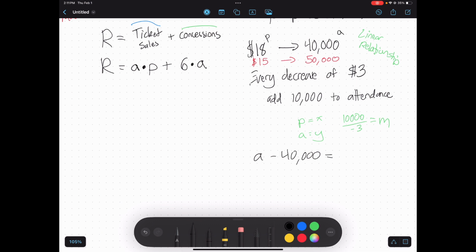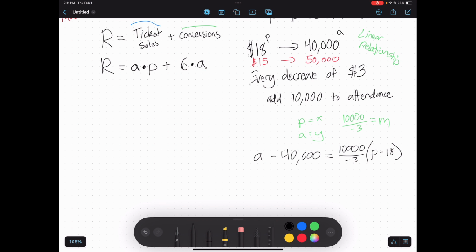That means I don't have to find the y-intercept. I can just use one of my points. So A minus 40,000 equals my slope, 10,000 over -3 times X. Well, in my case, X is the price, so P minus 18. 18 is my corresponding price to having 40,000 people attend.